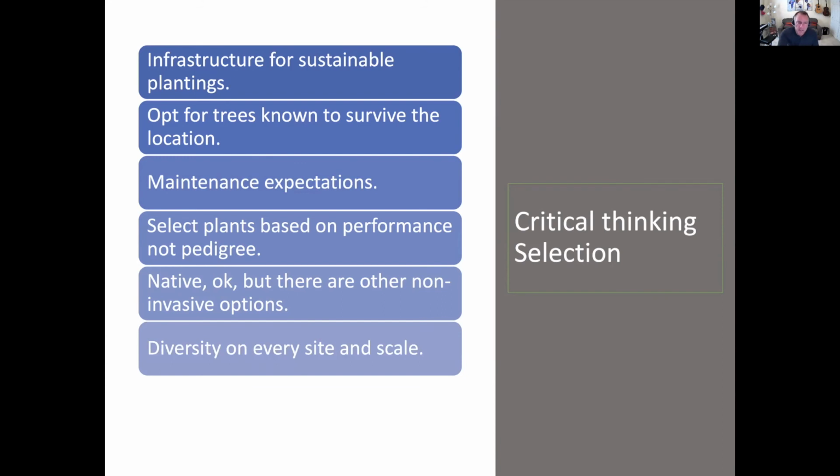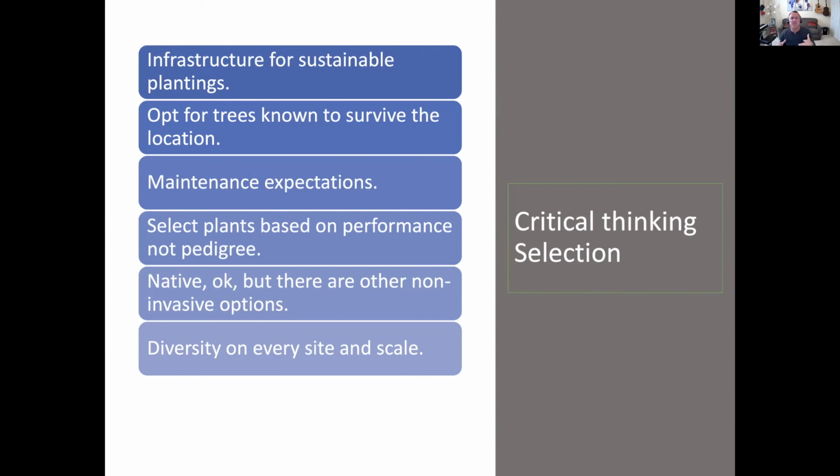And diversity on every site and scale is important. It's not just about what's going on in your city, but what's going on in neighboring cities and towns, and thinking regionally rather than just locally. Even in a subdivision, looking at the plant palette and the list to see what's being specified for that area.